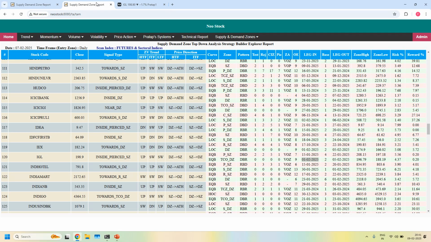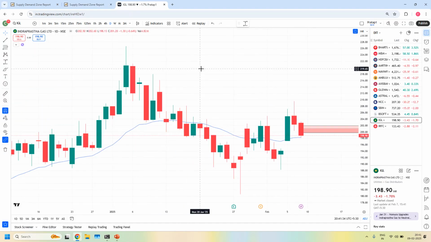Sorry, we have to look into supply zone, not demand zone. 15-1-2025, 4 base candles. Where is 15-1? This is the one, 15-1. We have 1, 2, 3, 4 base candles and a drop candle.